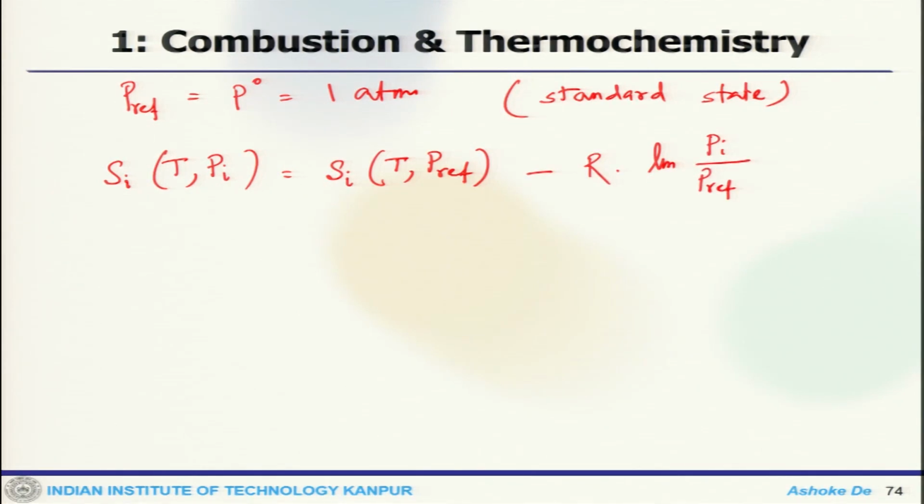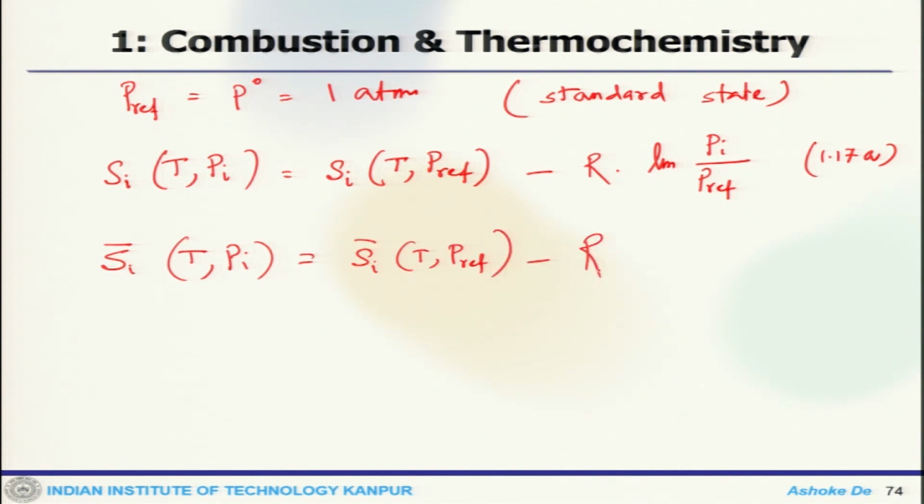That is what we are doing to some extent, a revision of our basic thermodynamics along with the combustion. So, this would be 1.17 A. Then the average one you can find for T and Pi would be the average at T and P ref minus R U ln Pi by P ref. So, one can look at the individual calculation of these species and their entropies.